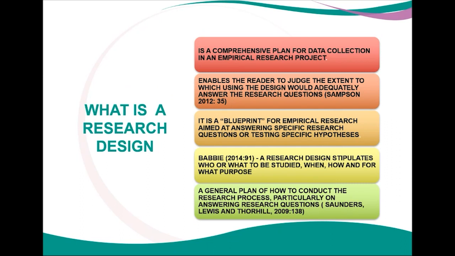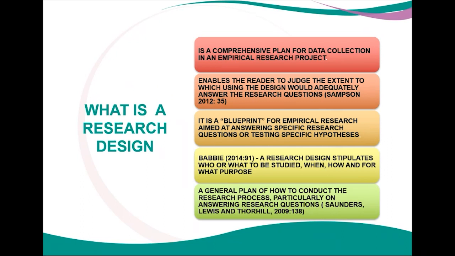So basically, a research design is like a roadmap. In a roadmap, you'll get names of the routes that are there, names of cities or towns. You will see it will give you the tourist attractions or places of historical interest or leisure places, and also mileage from one place to another.